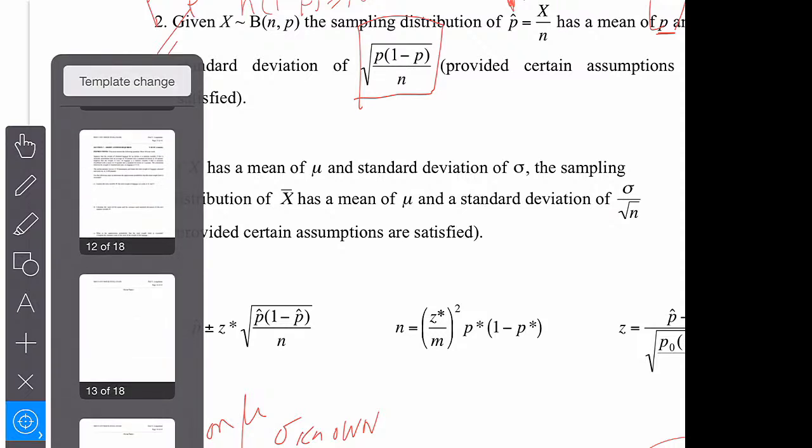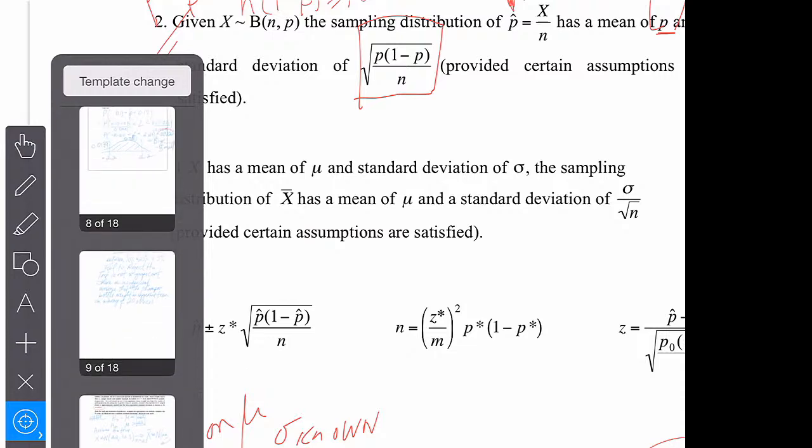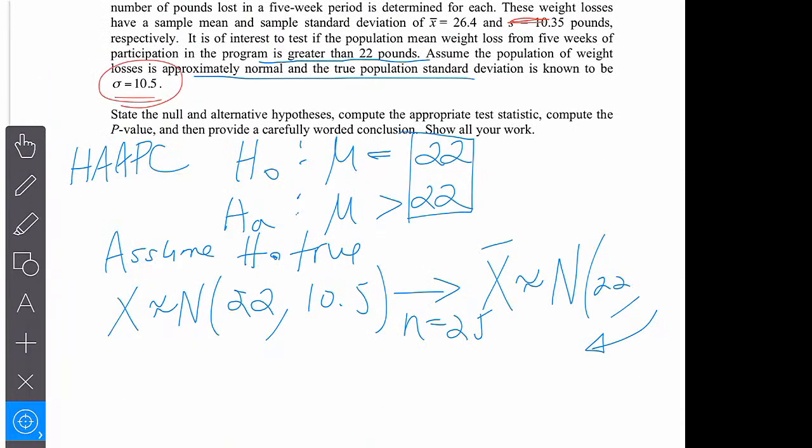So that means that the new standard deviation would be sigma over root of n, which is 10.5 divided by the square root of 25, or square root of 5.